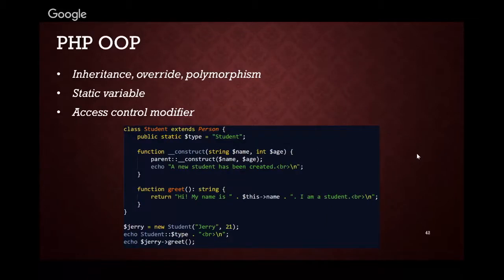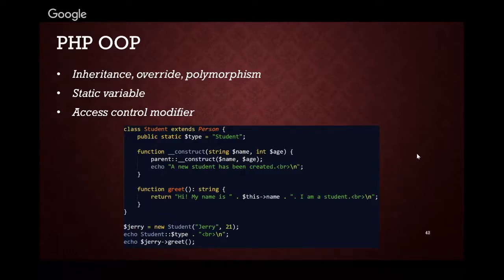They also have inheritance, override, and polymorphism, which are the three important concepts in OOP in all languages. And also static variables and access control modifiers, which are still similar to other languages like Java.